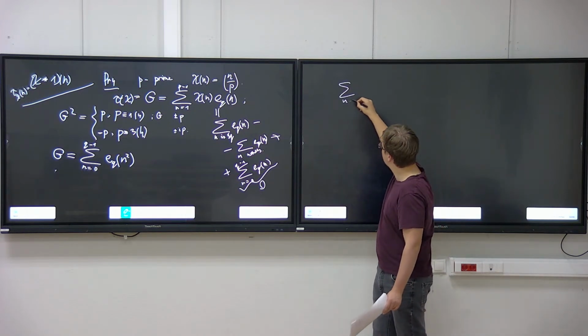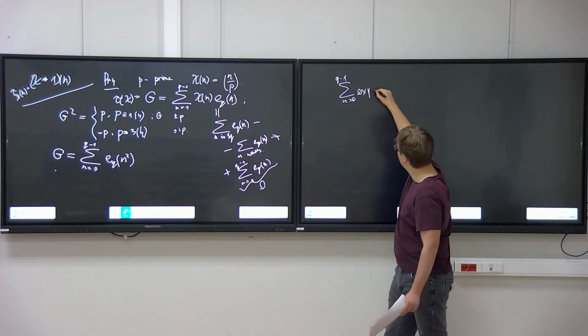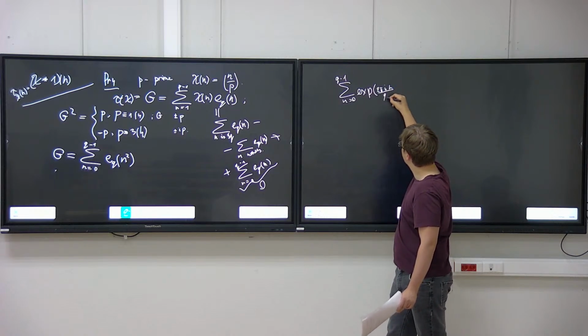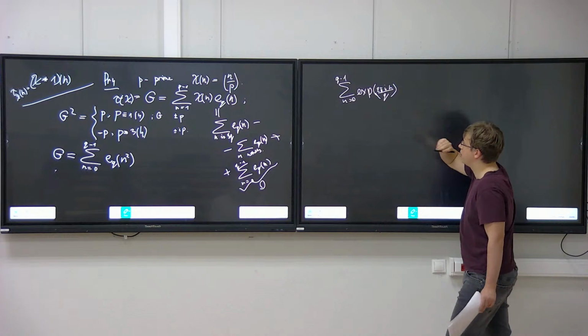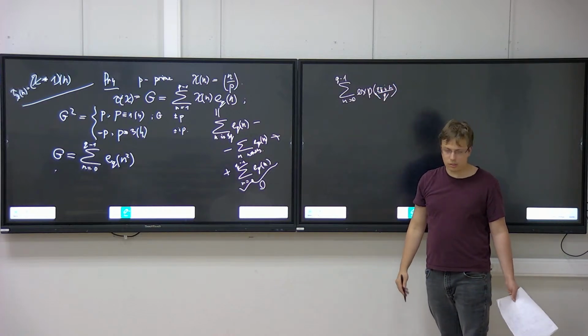Окей. Сейчас. N from 0 up to q minus 1, it's exponent of 2 pi i n over q. And this is an arithmetic progression.